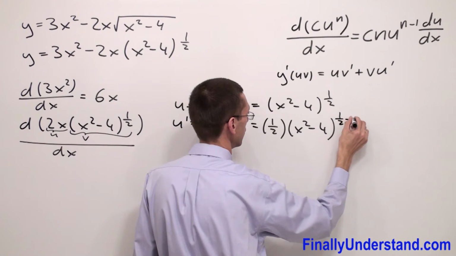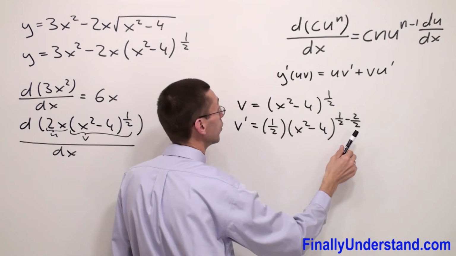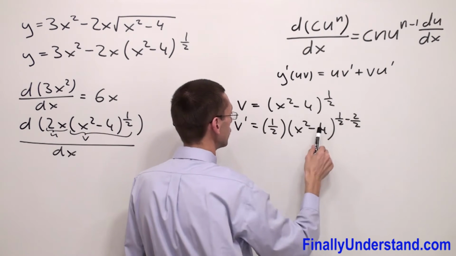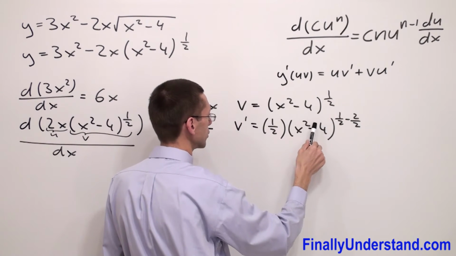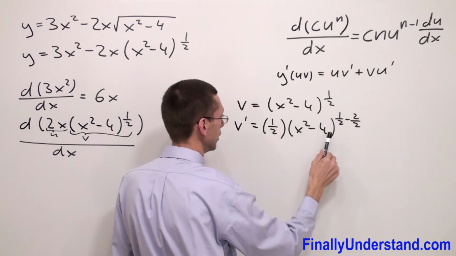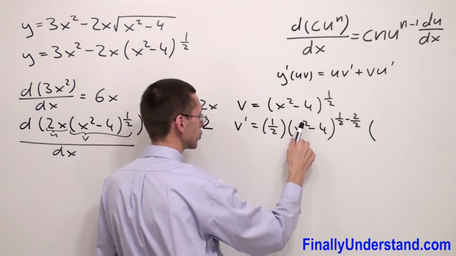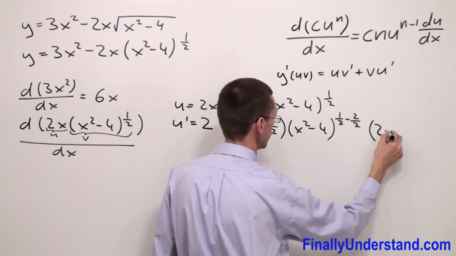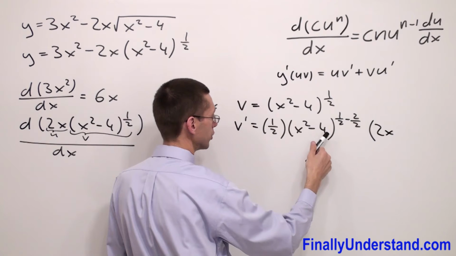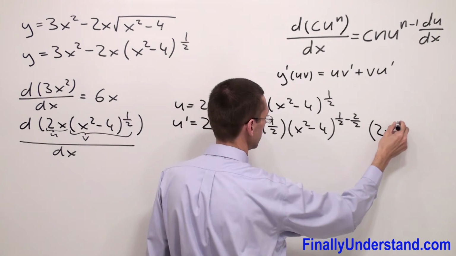So I have 1/2 minus 2 over 2, okay, because 2 over 2 is equal 1, times the derivative of the content of my parenthesis. So I have to find the derivative of the difference, because I have a difference over here. So derivative of x squared is equal 2x, and derivative of 4 is equal 0, because 4 is the constant. I'm not going to write it.